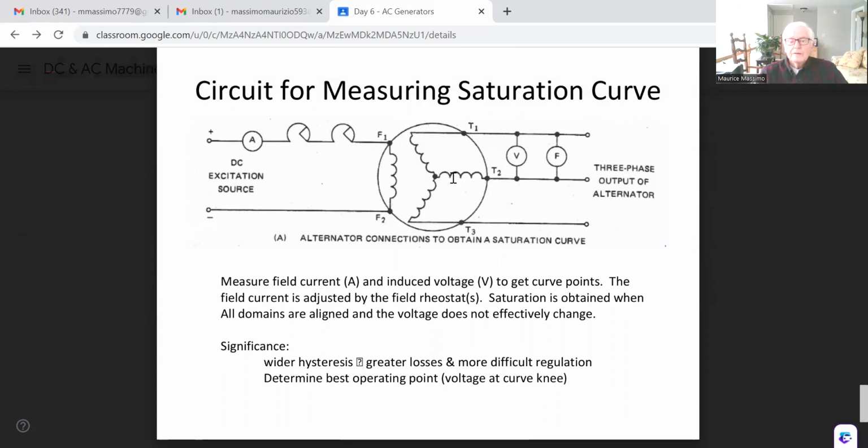Here you're getting a frequency change between T1 and T2. All right, remember you need that to be balanced as well. That's going to be 120 degrees for three phase.